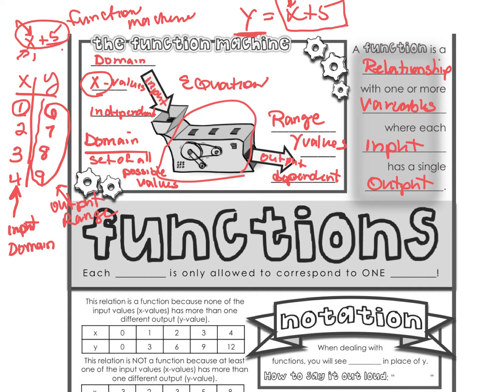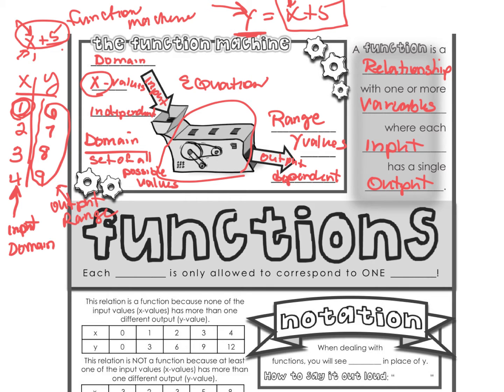So what that means is, if I take any kind of x, say I take this number 1 and put it into the function machine, into the equation, okay? I can only get one answer out. If I put 1 into the function machine and get more than one answer out, then it's not a function.